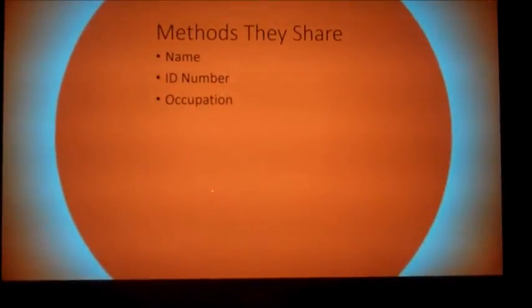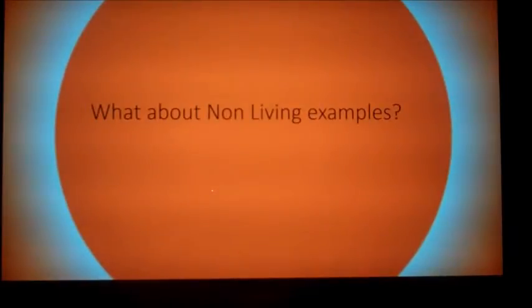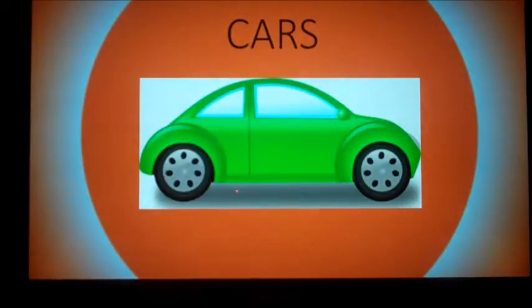Now, I know you're probably getting tired of me just saying examples that are, let's say, organic, but there can be other examples as well. What about non-living ones? Well, a non-living one we can do, let's say, cars. It's easy. Every type of car inherits the same things, like wheel, body, windows, driving wheel, engines, and fuel. Every car will take these parameters, and every car needs these parameters, but there's a difference.